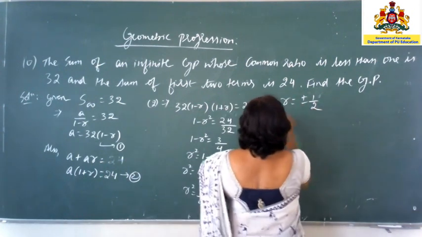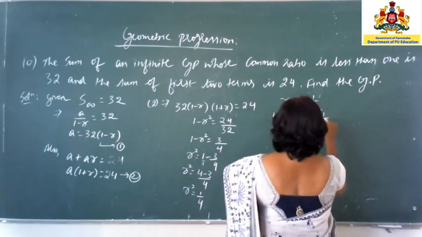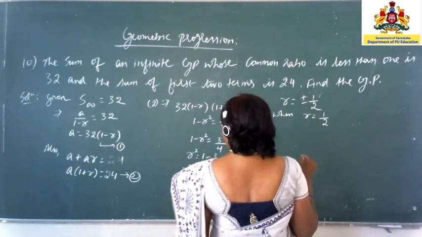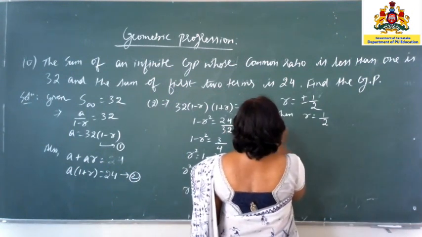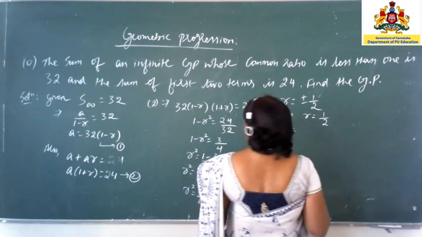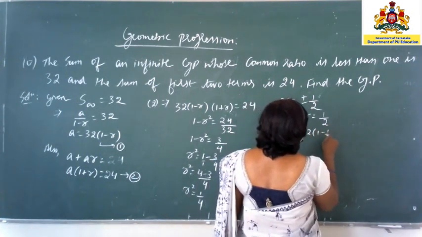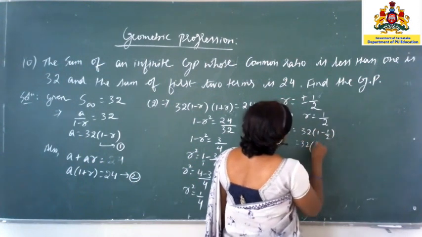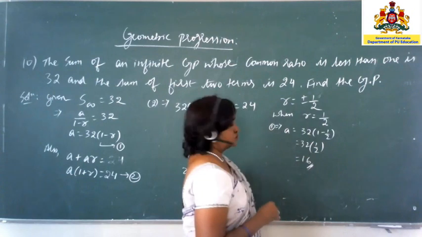So when r is equal to 1 by 2, we should find out the a value. From 1, a is equal to 32 into 1 minus 1 by 2. So 32 into 1 by 2, that is equal to 16.